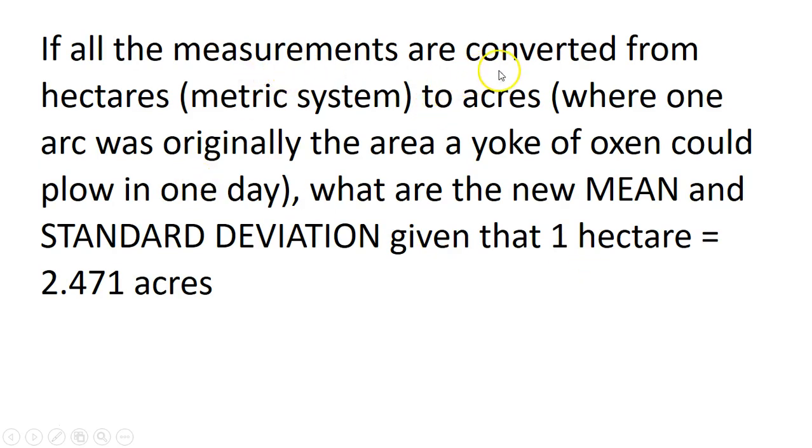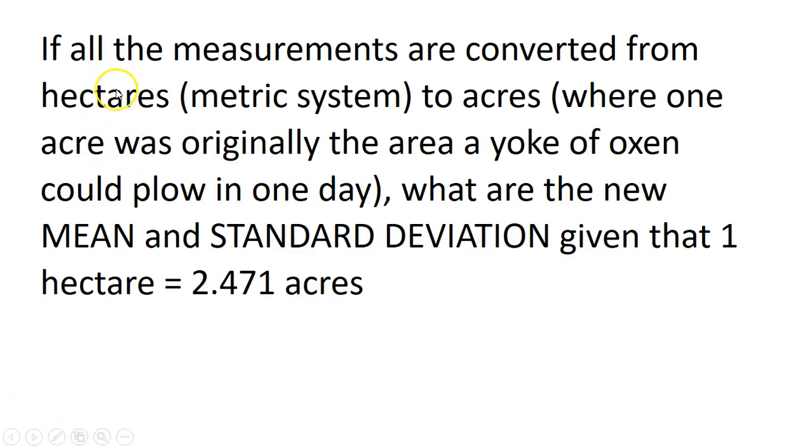If all the measurements are converted from hectares to acres, where 1 acre was originally the area a yoke of oxen could plow in a day, which is just nuts to think about, what are the new mean and standard deviation given that 1 hectare is equal to 2.471 acres?